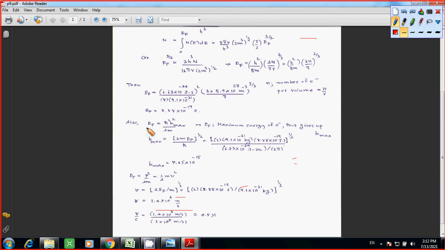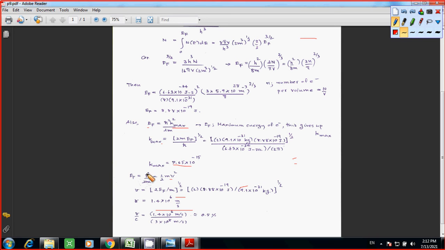Also, by the relation between EF and kmax, EF being the maximum energy of the electron, this also gives us kmax. So you can calculate kmax because you already know EF. I have kmax equal to 7.65 times 10 to the negative 15th. But also, if you want to look for the velocity of the electron, you use this relation.